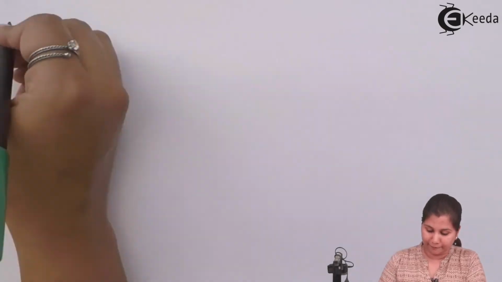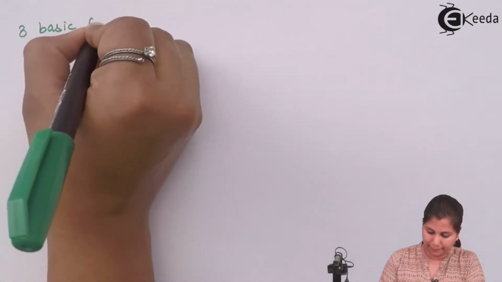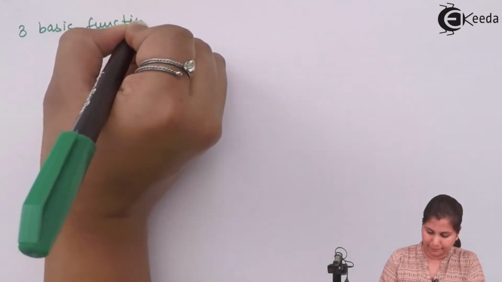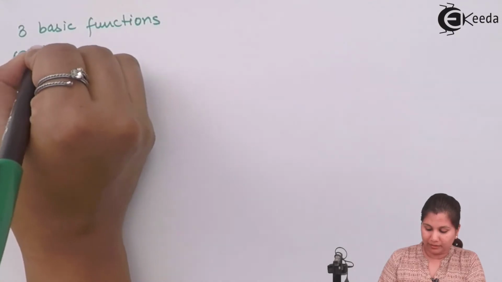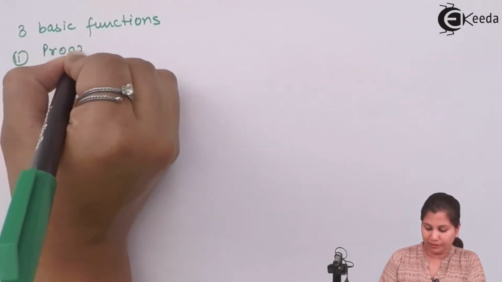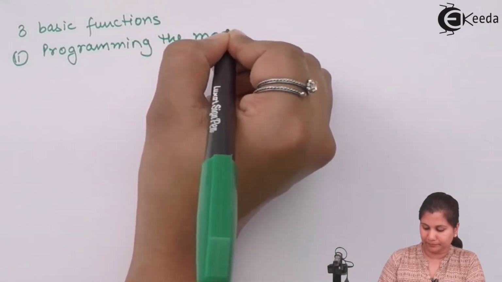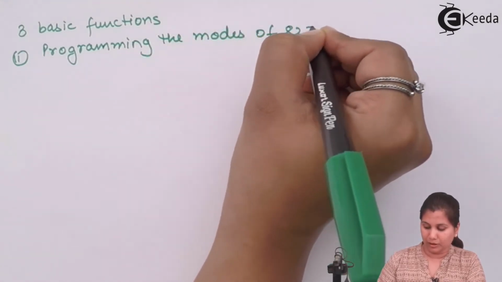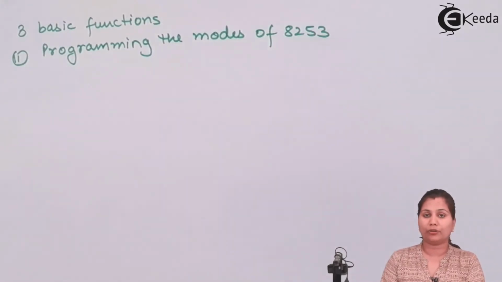So we can say that the data bus buffer has three basic functions. First function is programming the modes of 8253. Because the modes are decided by the control word, and the control word is provided by the microprocessor.